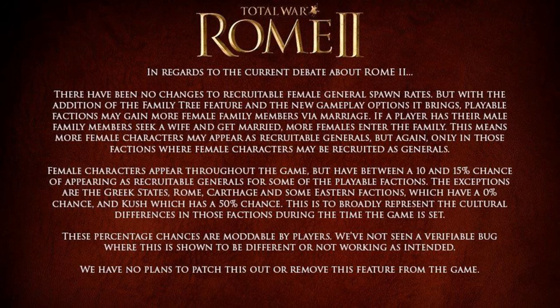The company explicitly stated that Greece and Rome would not have female generals, despite the fact that these civilizations both did on numerous occasions. No matter how many academics, myself included, attempted to argue that female generals were perfectly plausible in antiquity and even offered illustrative examples, minds were not changed.